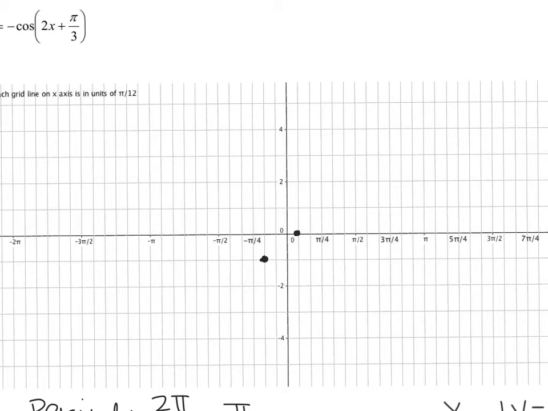At pi over 3, we're going to be at 1. At 7 pi over 12, we're going to be at 0. And at 5 pi over 6, we're going to be at negative 1.